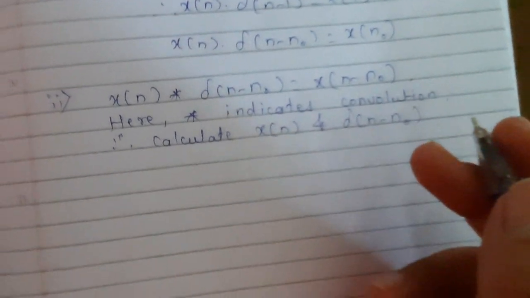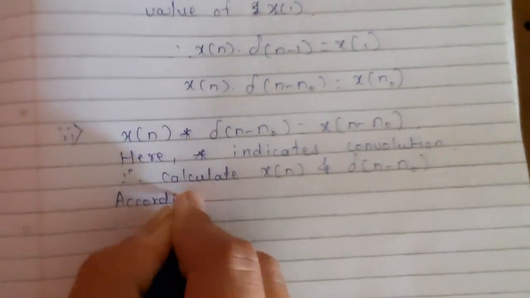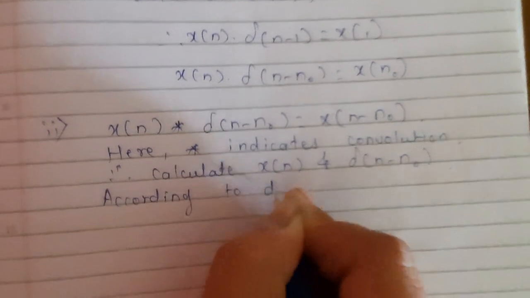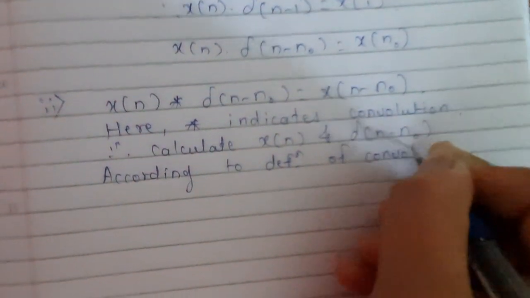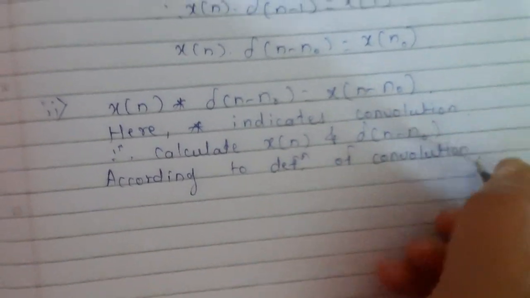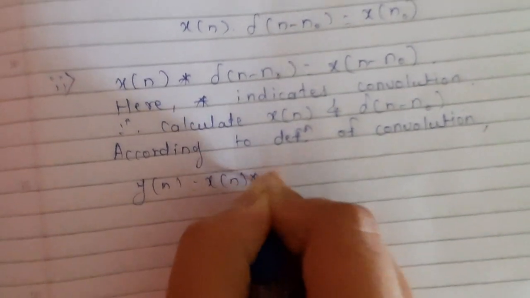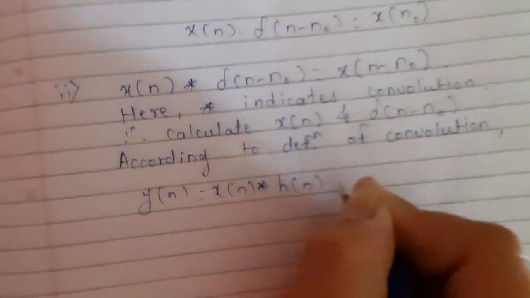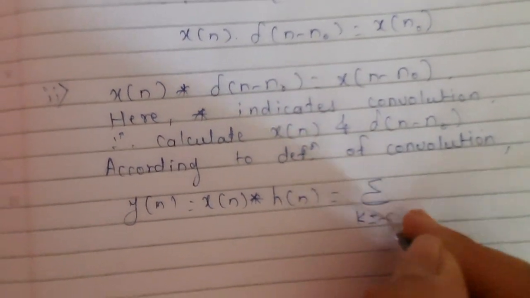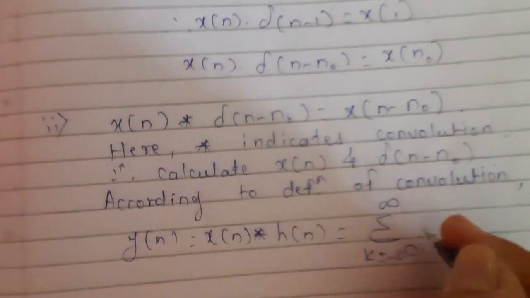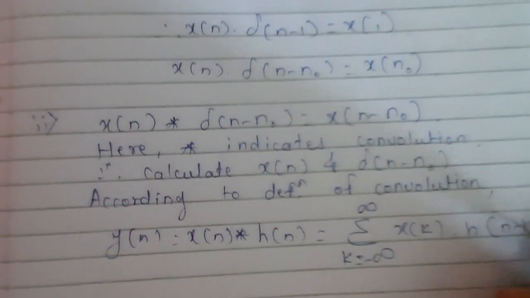Now we have the definition of convolution. According to the definition of convolution, y of n is equal to x of n convolution of h of n, and the equation for this is summation k from minus infinity to infinity x of k into h of n minus k.